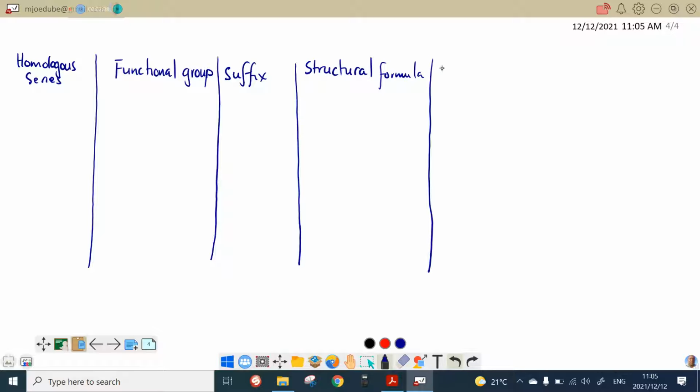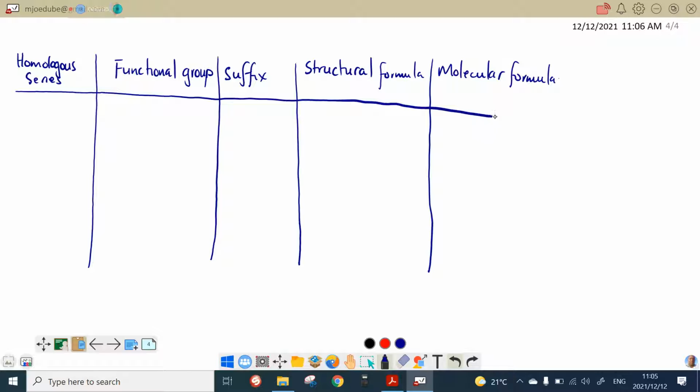And then we're going to look at the molecular formula of some of the examples of those homologues that we will be looking at.